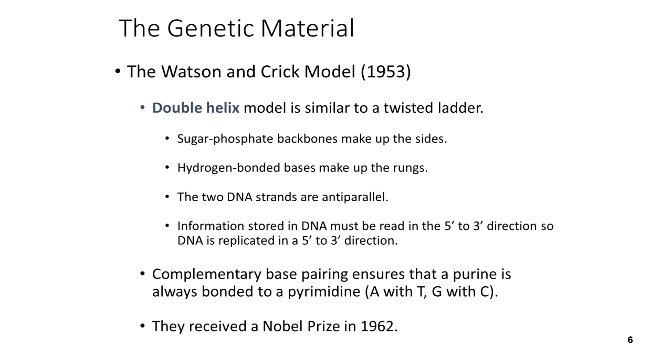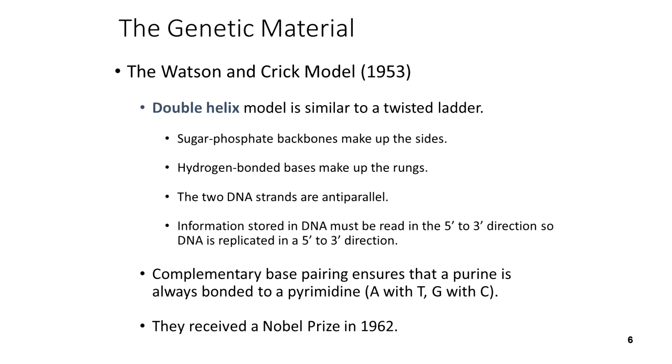Meaning there is a specific direction that DNA is read in, and here it says, information stored in DNA must be read in the 5' to 3' direction, because that is how DNA is going to be replicated. It is only replicated in this 5' to 3' direction, and that has to do with how the bases are connected to the backbone, and how the sugar and the phosphates are connected to one another.